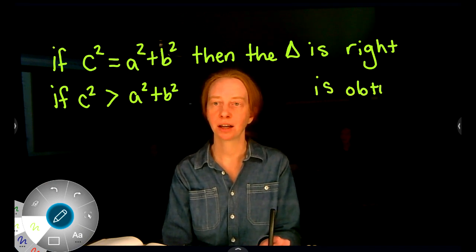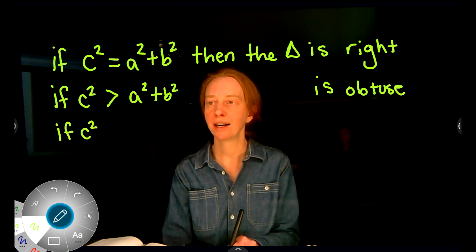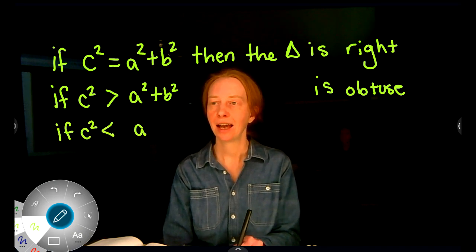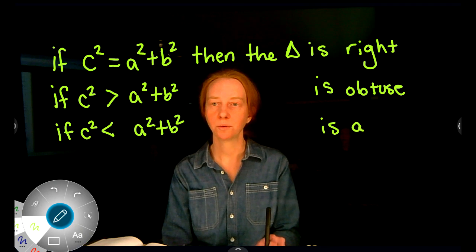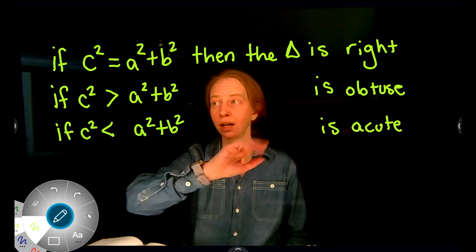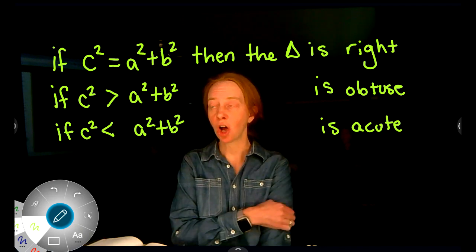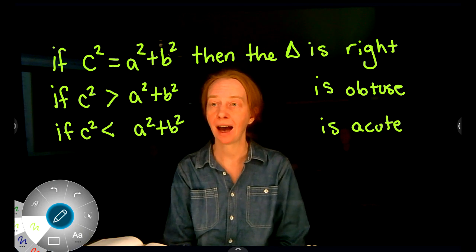You can write that. I'm not going to write over my face. If c squared is less than a squared plus b squared, then the triangle is acute. So that's what we're going to remember, and we're going to practice solving these and determining what type of triangle we have.